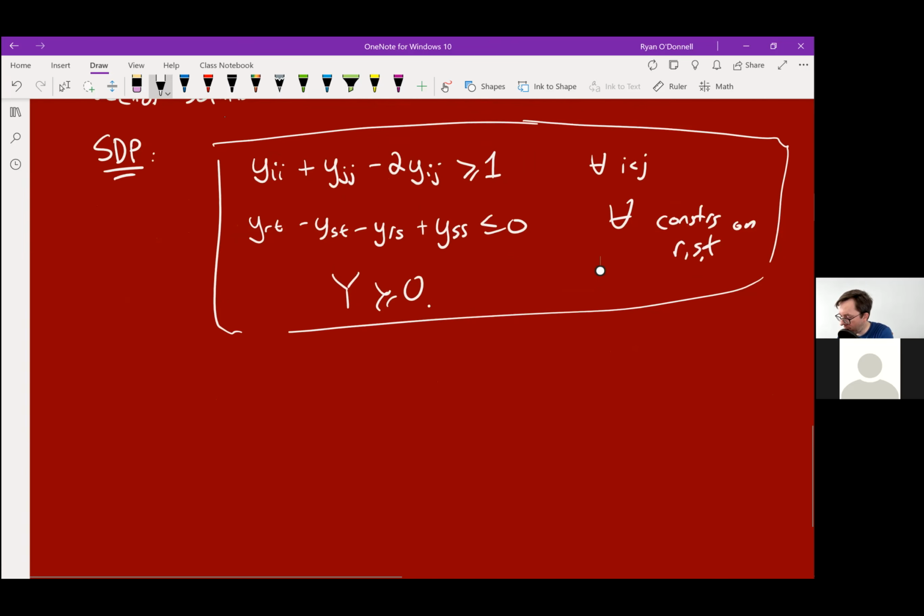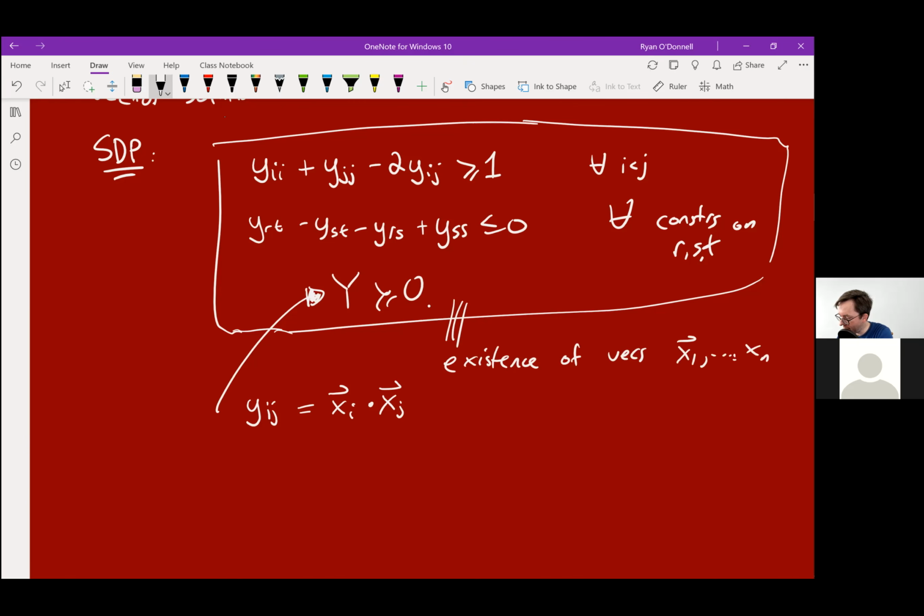So now the next question is, what does this have to do with vectors? Every position yij is equal to the dot product of vectors xi and xj. Okay, good. So this is equivalent to the existence of some vectors x1 through xn such that this holds.